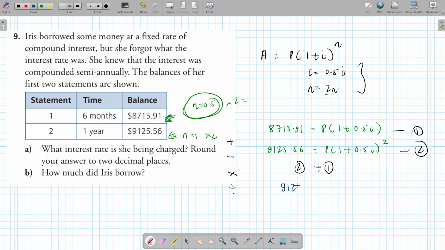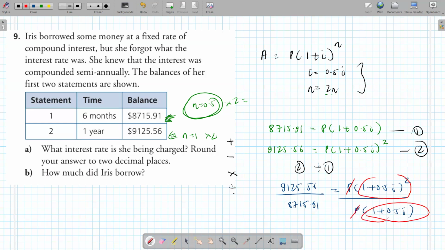It's going to look like this. 9125.56 divided by 8715.91 equals P times 1 plus 0.5i squared over P times 1 plus 0.5i. The P's cancel. You can treat this as A, so you have A squared over A. A squared over A is A. This cancels out with the same idea here.